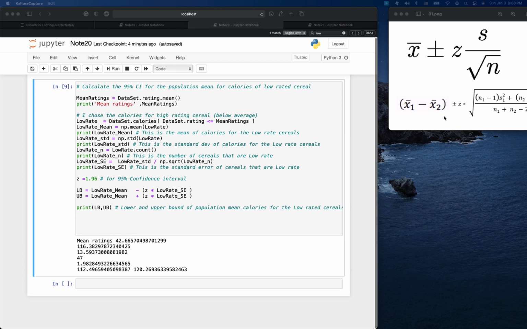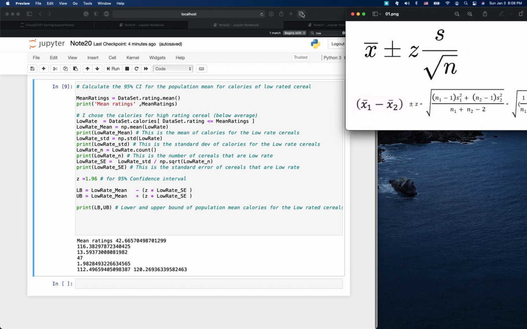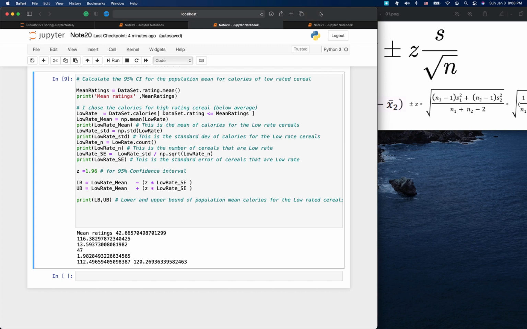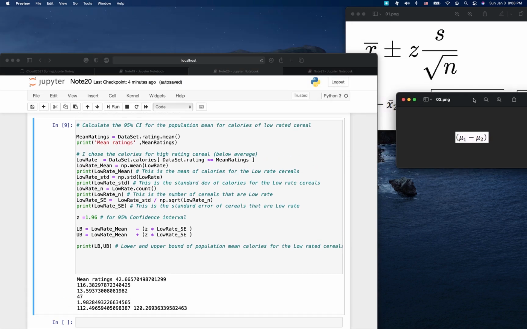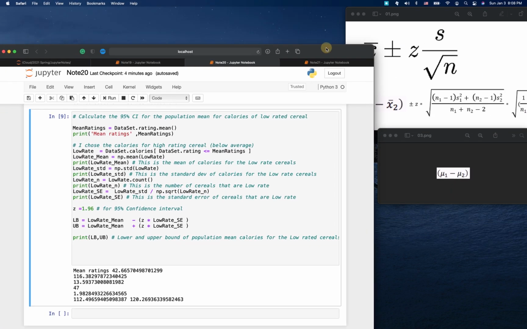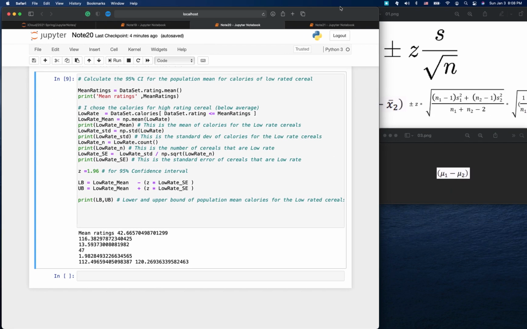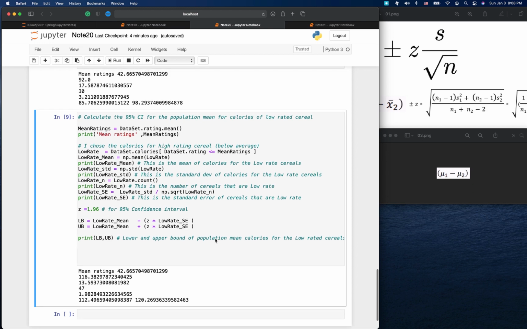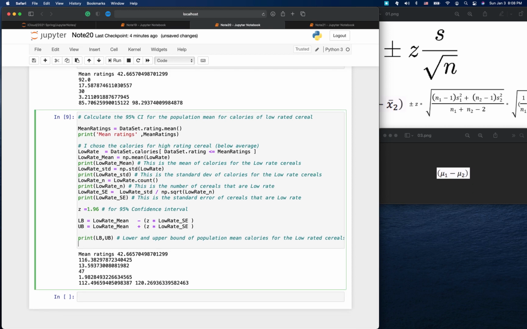So now let's use this formula to find the mean difference of the calories for high rated and low rated cereal.